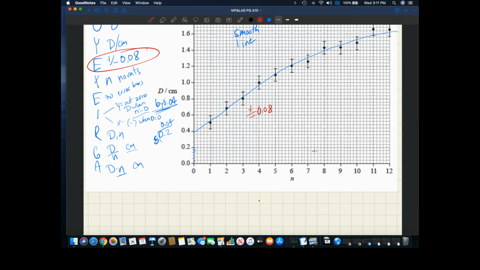Well, the value of number 7 is this right here. So we've got 1.24, so this is 1.2. It goes up by 0.04, so 1.24, and it's about halfway. So I would say about 1.26.